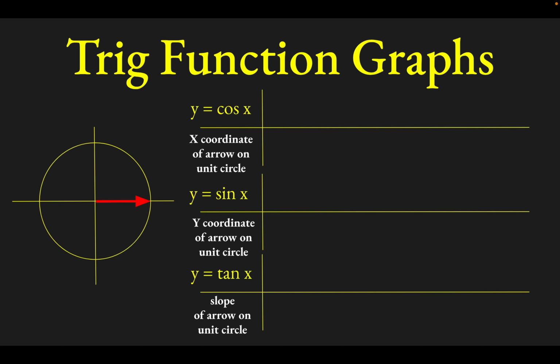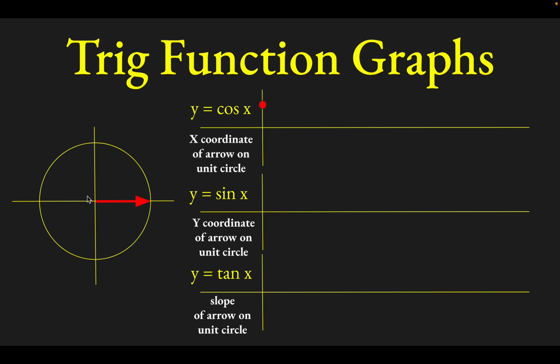Then we looked at graphing trigonometric functions. As I mentioned, if you're looking at the cosine function, that peels off the x-coordinate of an arrow on the unit circle. Here the tip of this arrow would be over 1 up 0, so the x-coordinate would be 1.